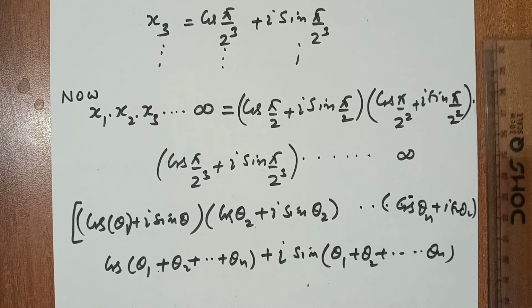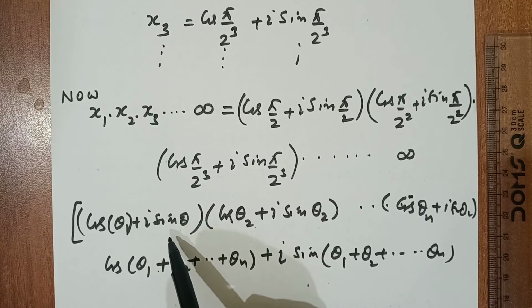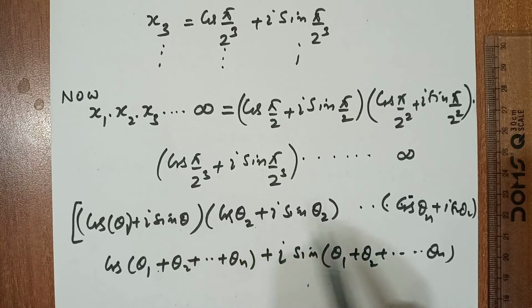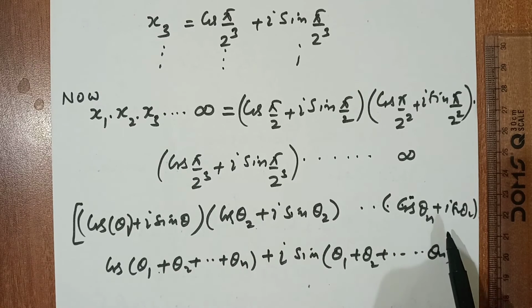It means in the case of a product of n factors of the form cos theta plus i sin theta, all the angles add.